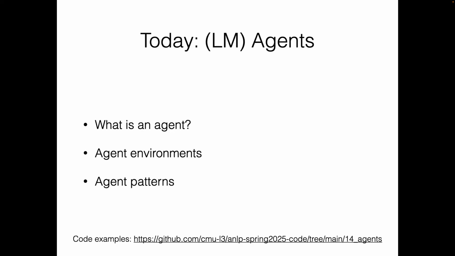These will be very basic things like how you would prompt a language model to function as an agent. Especially in this first part, I'll have some examples of very simple agents. And as for many of the lectures, there is code that you can view on the course webpage.